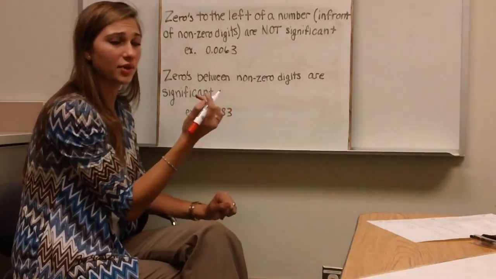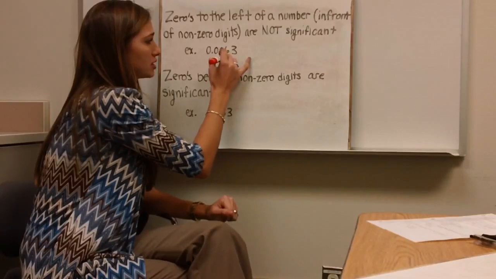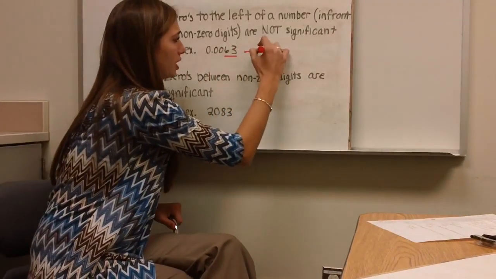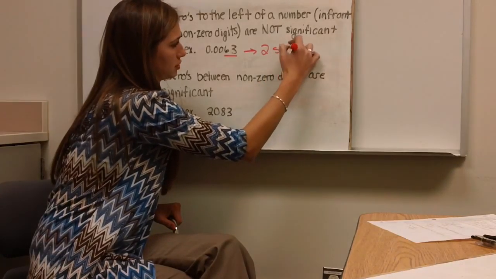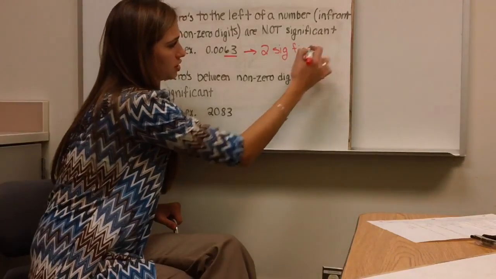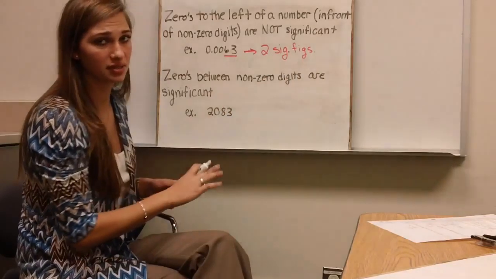If they're not significant, we only count the non-zero digits. So our non-zero digits are 6 and 3. So this one would have two significant figures. You may notice that I abbreviate significant figures with sig figs.